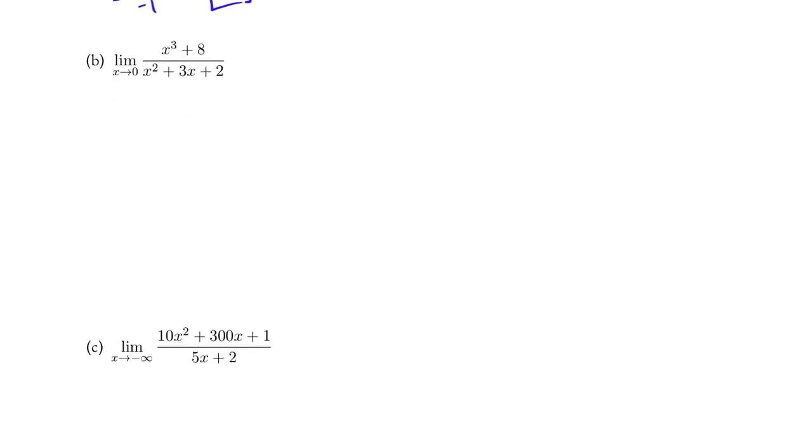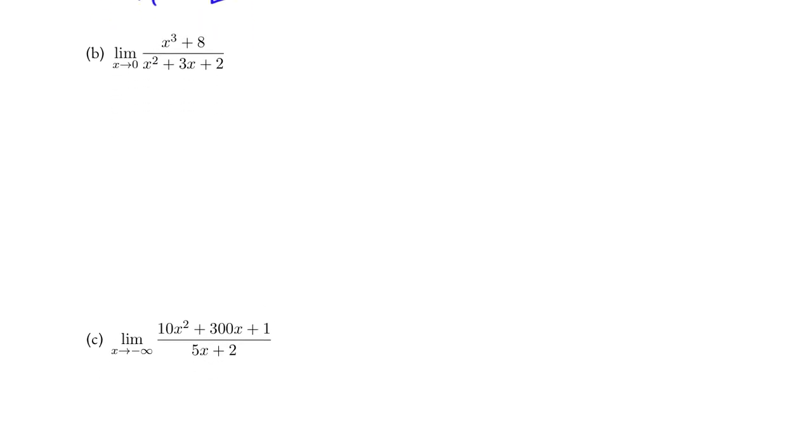For part B, we proceed to check to see if this is in indeterminate form. We plug in 0, and we see that this is 0 cubed plus 8 over 0 squared plus 3 times 0 plus 2, which is 8 over 2, which is not in the indeterminate form.